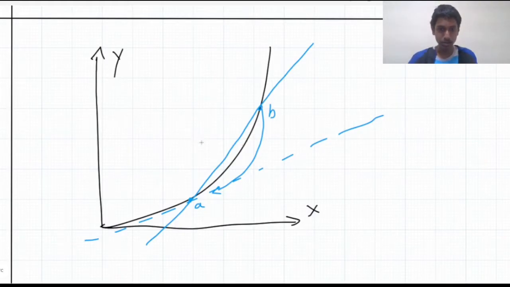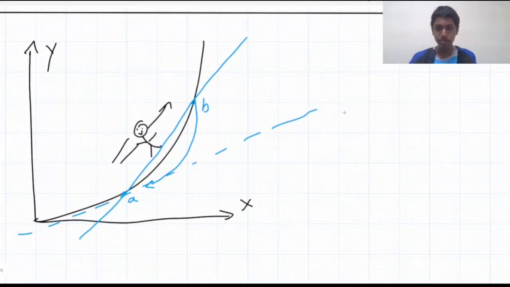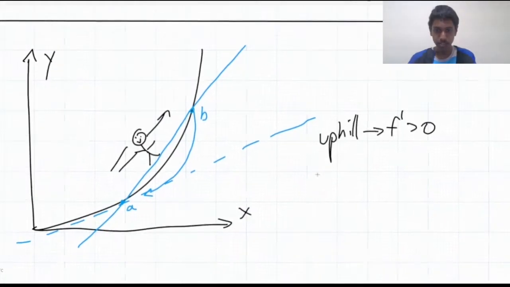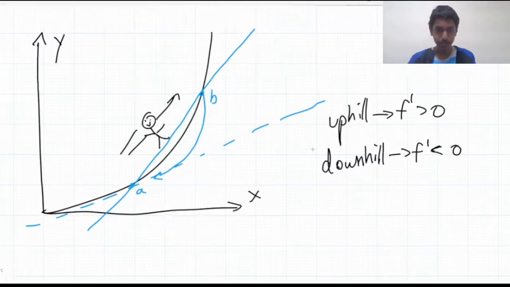But anyways, what I want to focus on here is this guy, he's happy and he's hiking up this slope here. If he's going uphill, then the first derivative is positive. But if he was going downhill, then the first derivative is negative, right?